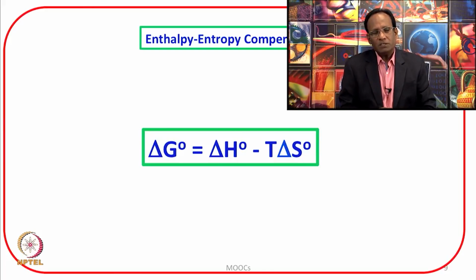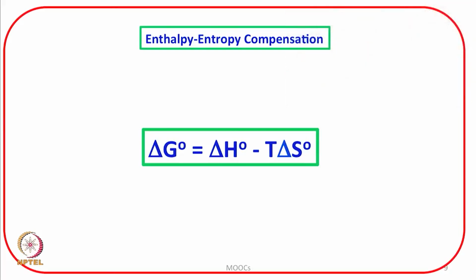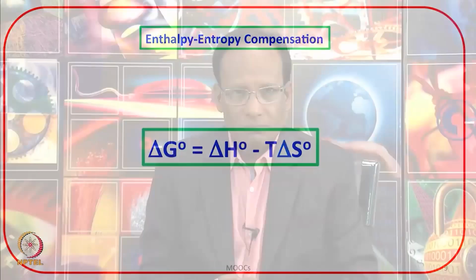Enthalpy-entropy compensation has been a subject of discussion for a long time. Enthalpy-entropy compensation has been observed in many phenomena like protein-ligand binding and protein unfolding, along with some other processes where there is a change in delta H naught and delta S naught.